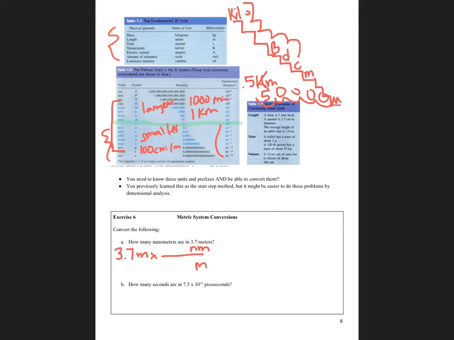But what that means, if you truly think about it, is 9 zeros, because nano is down here at the bottom of the staircase. I'm moving to the right, so I have to add zeros. I have 9 zeros there. That's how many nanometers are in 1 meter.